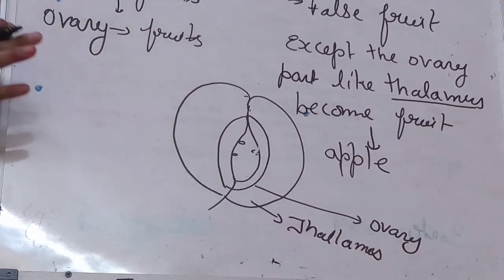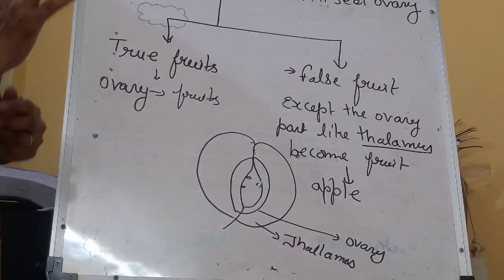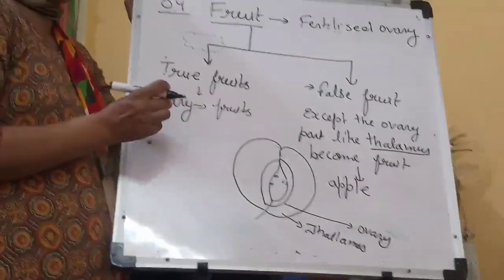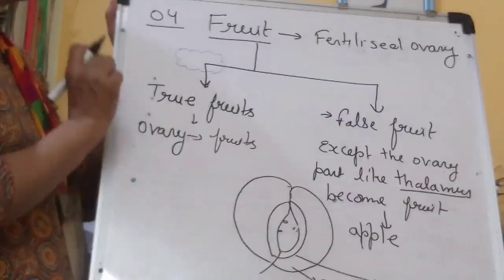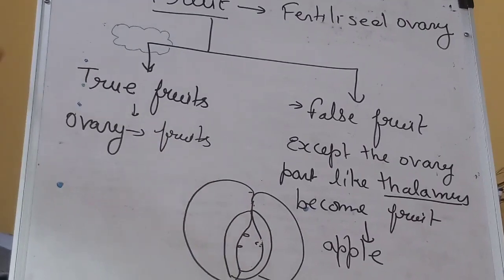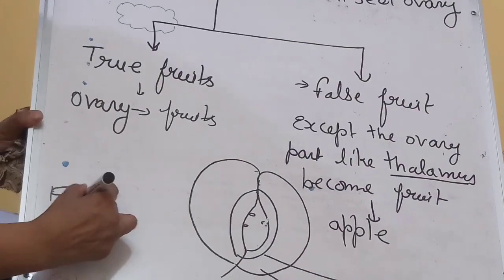Once refer to page number 37, there are types of seeds: albuminous seeds and non-albuminous seeds. There is a diagram of true fruits and false fruits. So go through this figure, 2.15a, in your NCERT.